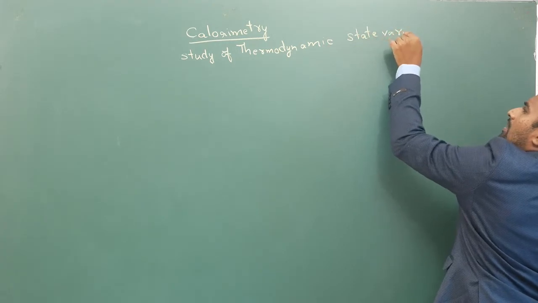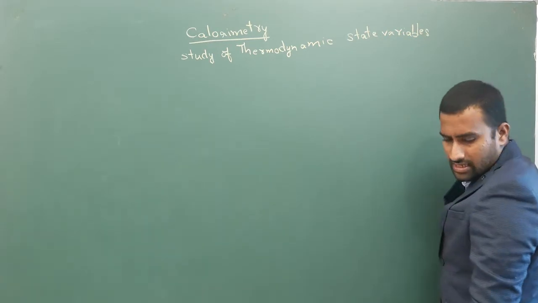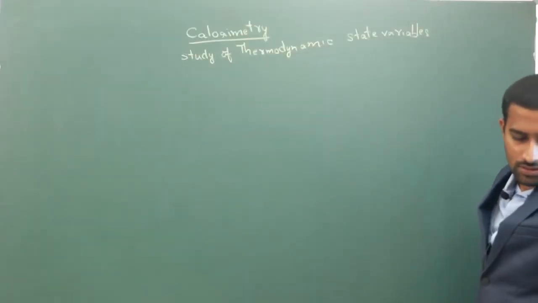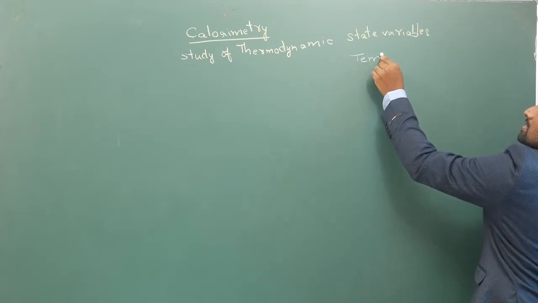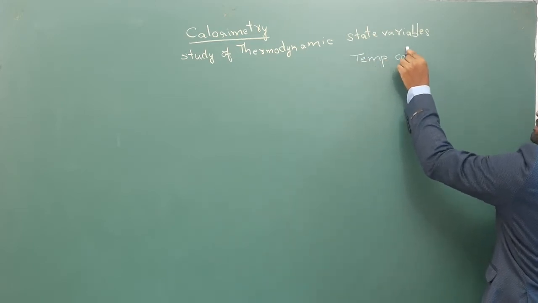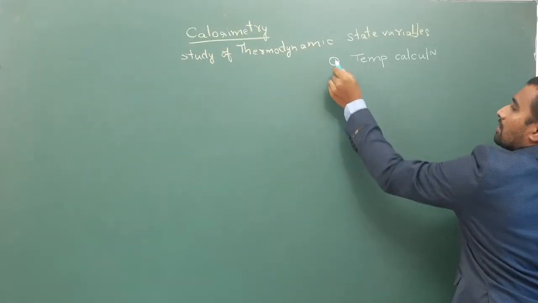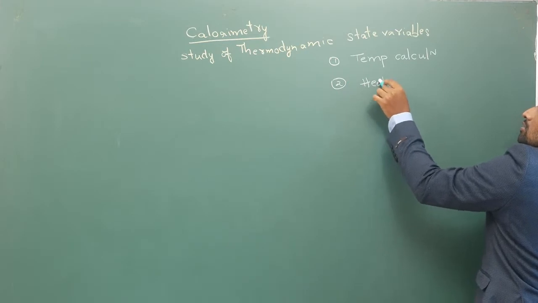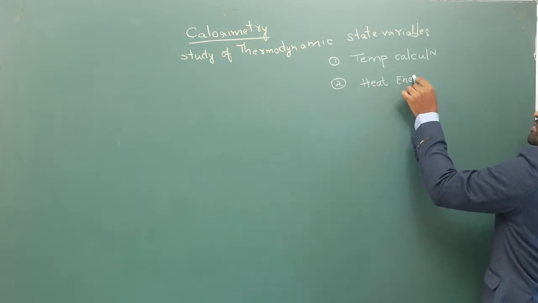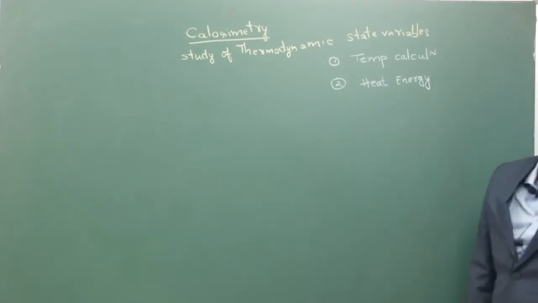Mainly we will study only two variables, that is your heat energy and temperature. So your temperature calculation is one part, and the second part that you are going to calculate is your heat energy. Whatever you do, you are going to calculate these two values in calorimetry.